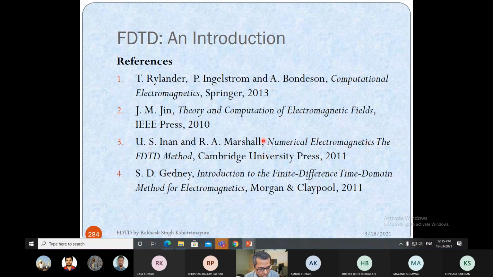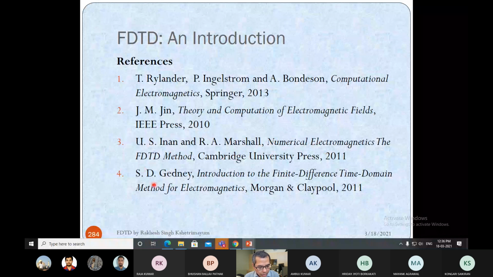This is actually a very good book on the FDTD, and it has covered the latest topics on the FDTD, like unconditional FDTD and FDTD for dispersive materials. Many of the previous books don't cover the latest developments in the FDTD. So if you want to learn FDTD in great detail, this is the best book.